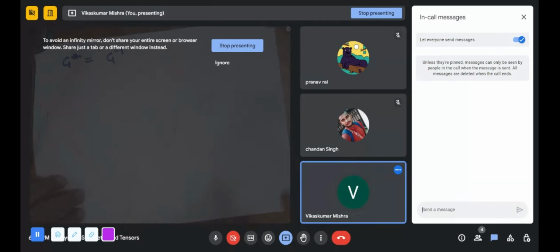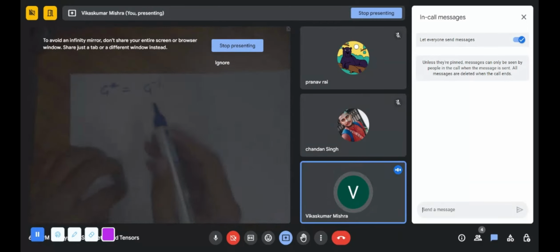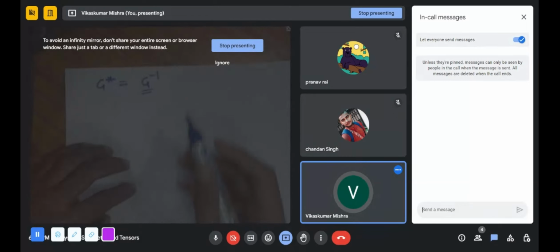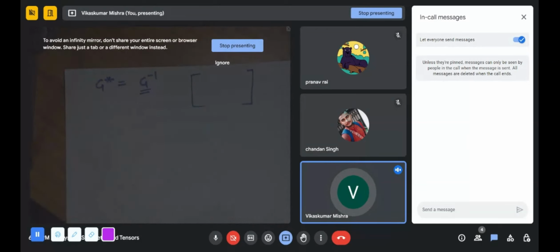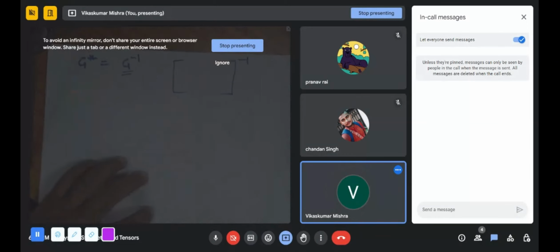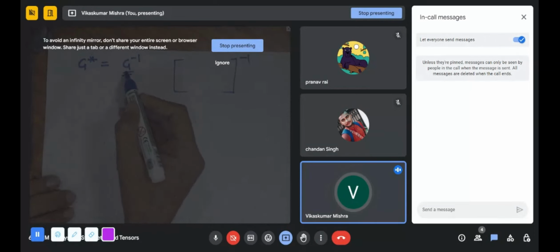So if you know the matrix G in real space, you can very easily find the other; you just have to take the inverse of the matrix. We know how to find the inverse of a matrix. Okay, simple mathematics, class 11, class 12. So now our question is reduced to this: first we will find G of the real space, then we will find its inverse and we will get G star.